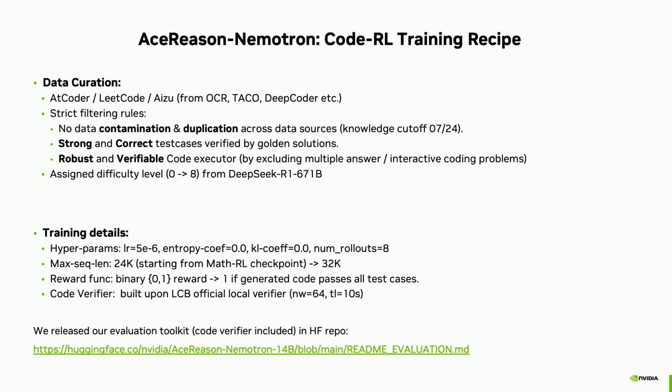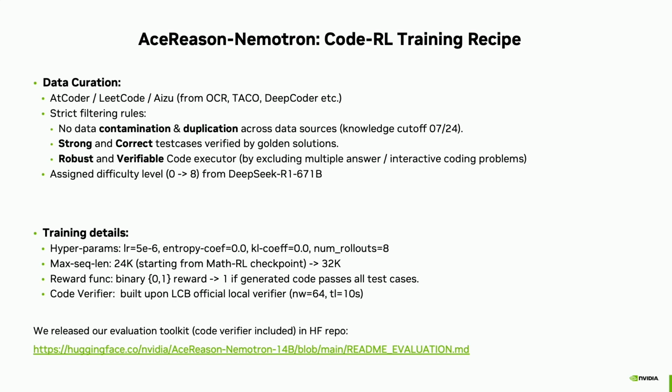Also, we make sure the test cases for each coding instance are strong and correct, which is verified by our golden solutions. Because we do code RL, we need to make sure our verifiable reward is robust and accurate.